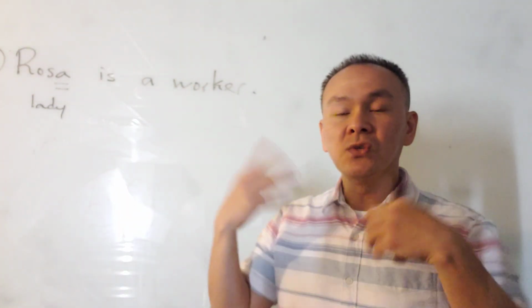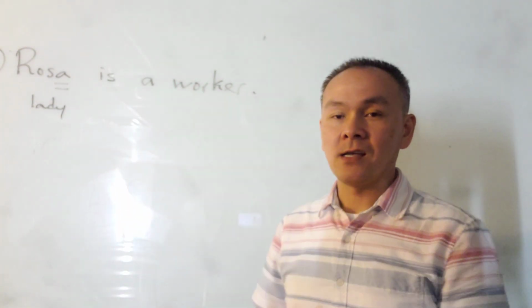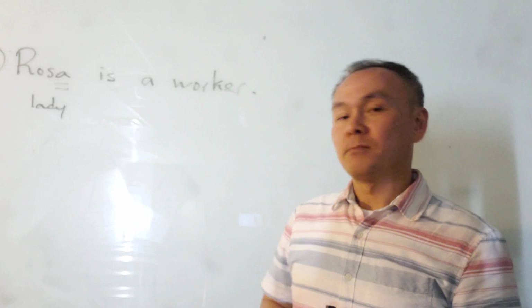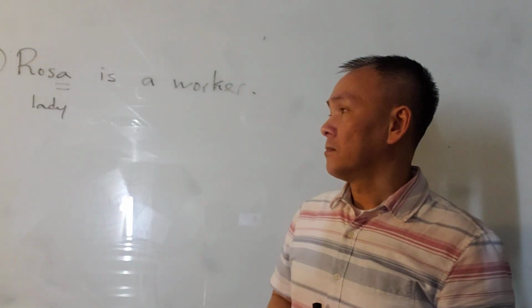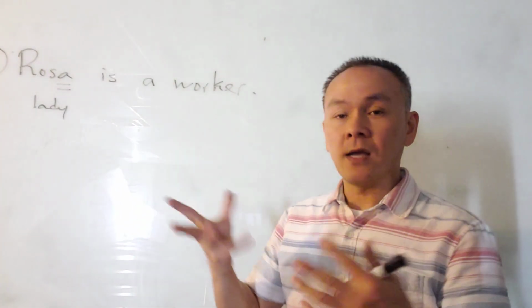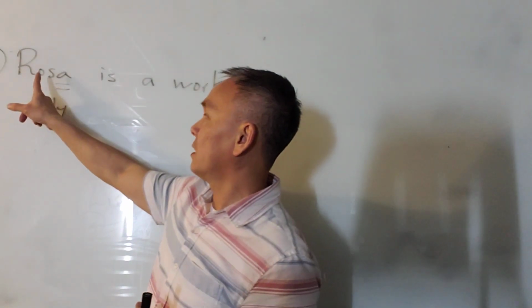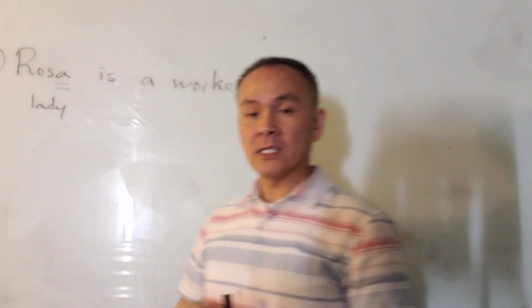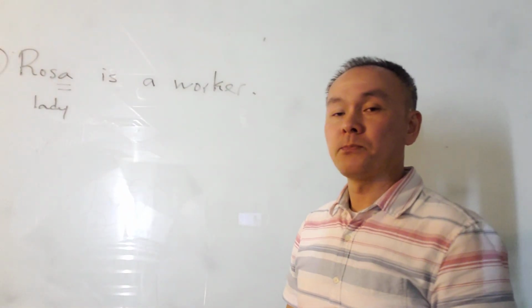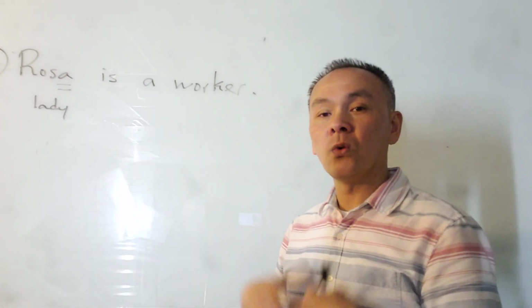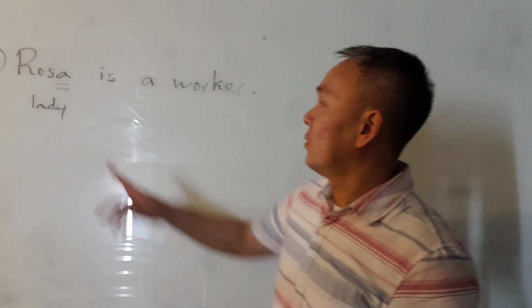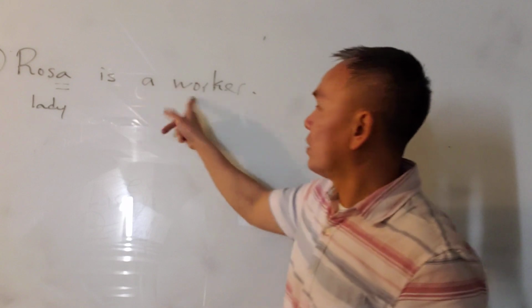Rosa, Julia, Roberta, Rosaria. So a name with A in the ending is always going to be a female, a lady, a woman, okay? So Rosa is a worker.